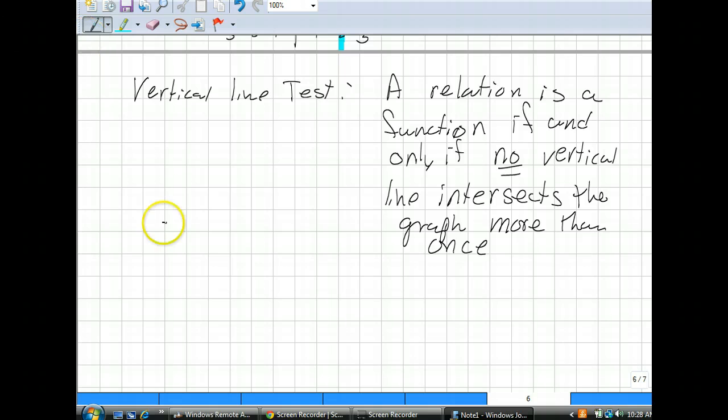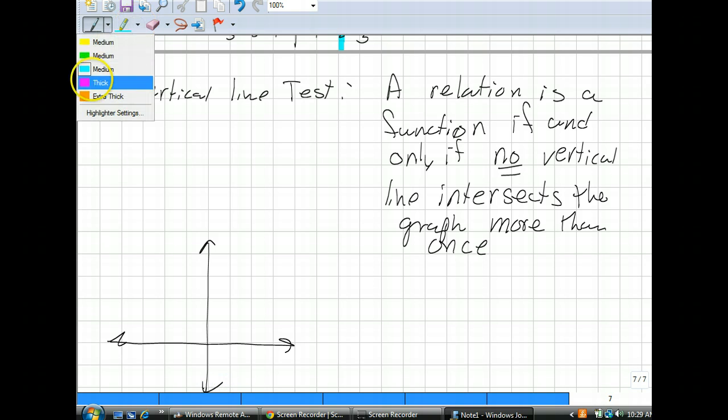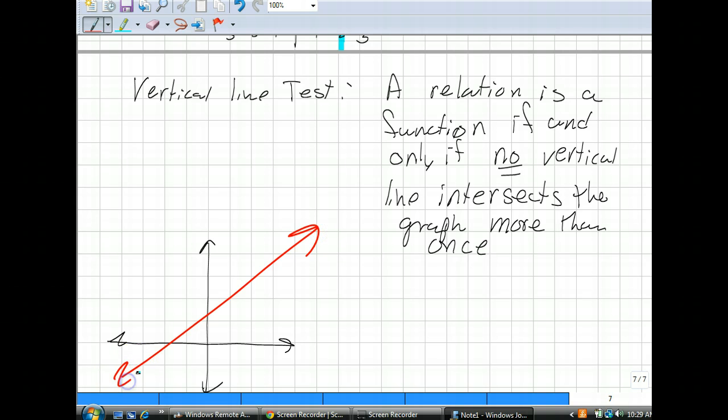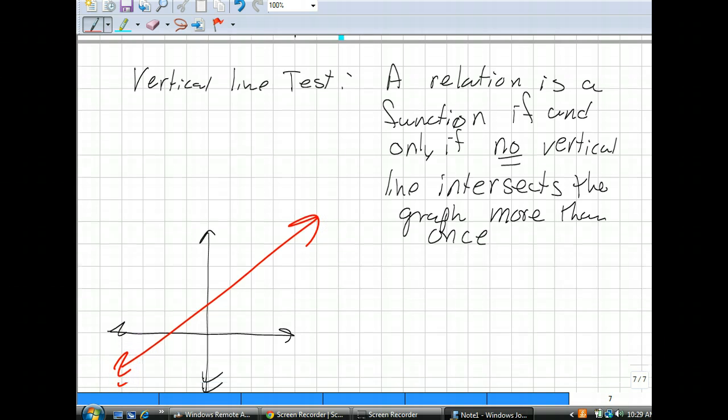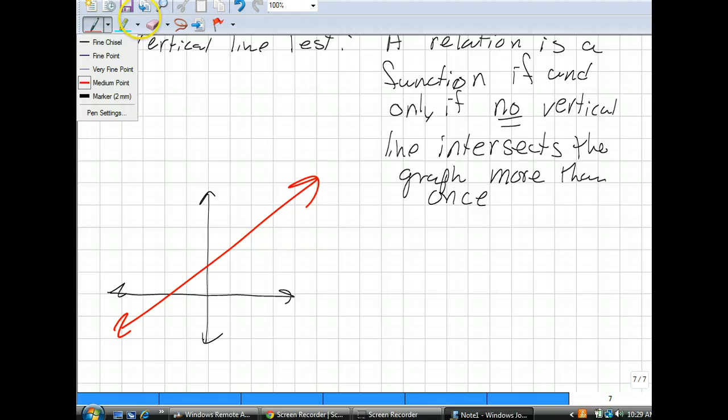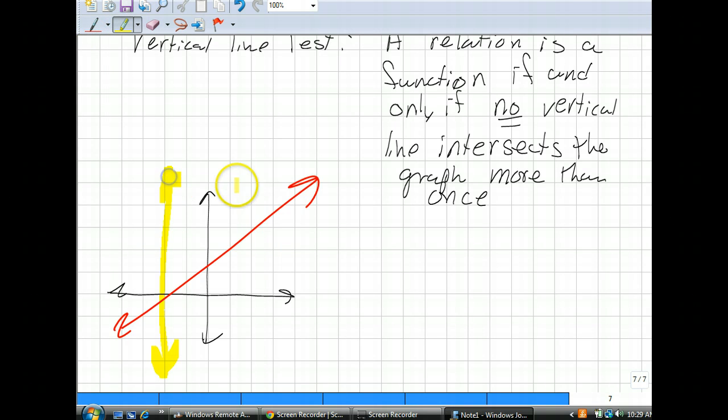So if I have the graph of a line, let's say I have a line that goes like that, well that one definitely is a function because it passes the vertical line test. Anywhere I put a vertical line on the graph, it will go through no more than one point.